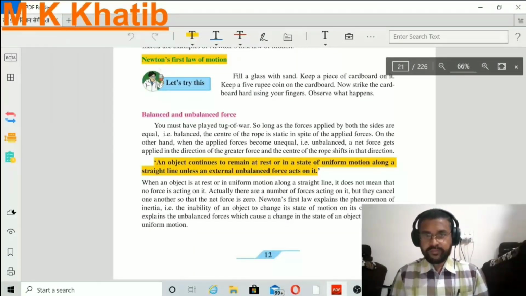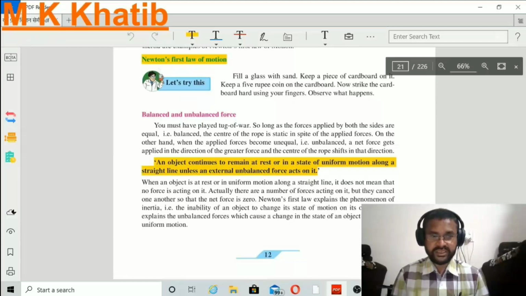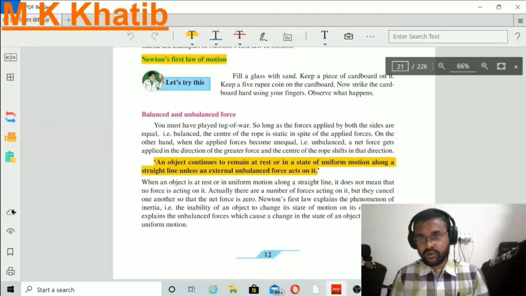In this way, Newton's first law also explains the phenomenon of inertia, that is, the inability of the object to change its state of motion on its own.